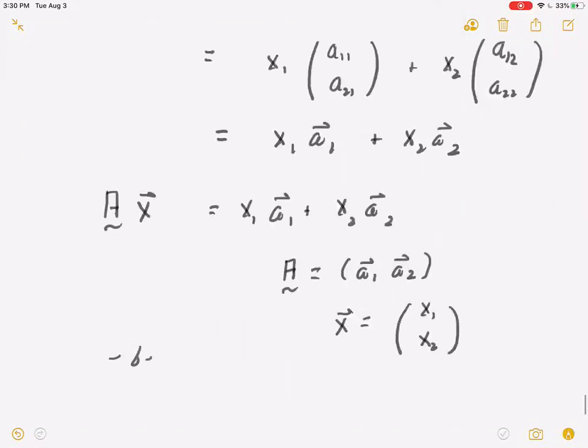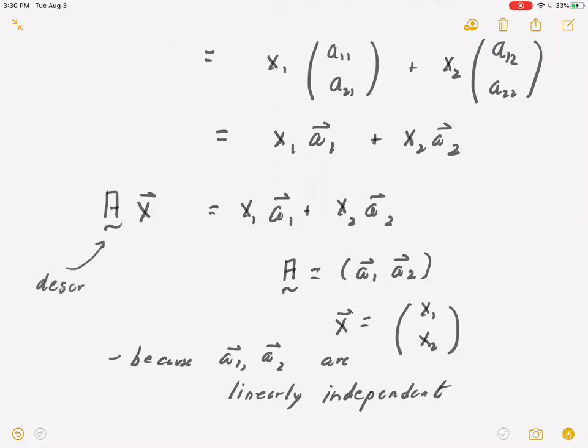Now, because A sub 1 and A sub 2 are linearly independent, this thing on the left-hand side describes any point in the plane.